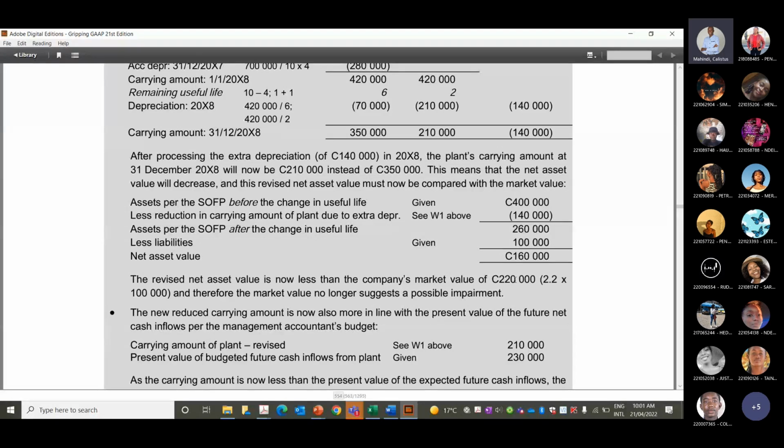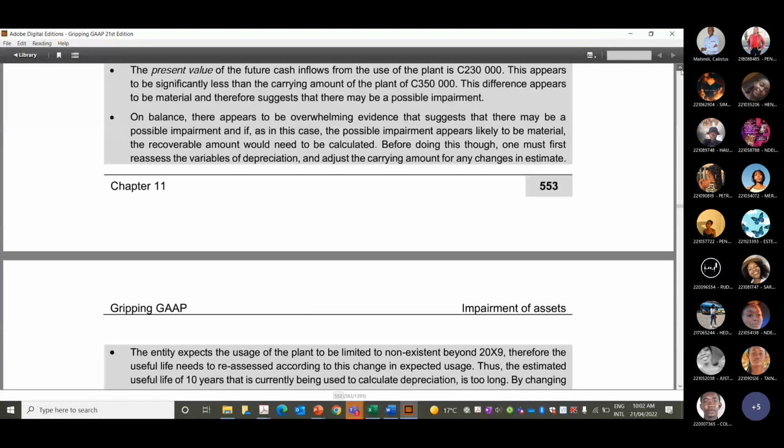The new reduced carrying amount is also more in line with the present value of the future cash flows per the budget. So our new plant's carrying amount is 210,000, while the present value of future cash flows is 230,000. That was given in the question. Let me go back to the question.